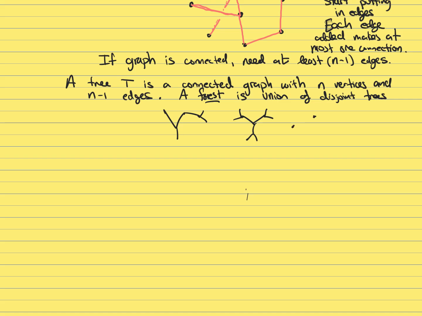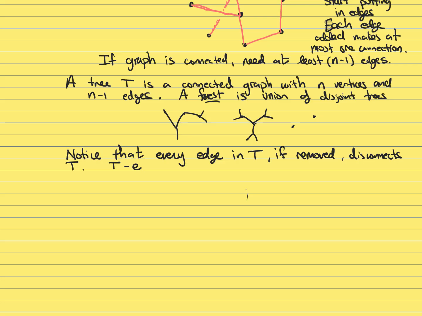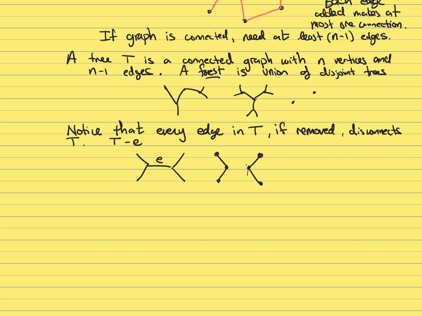Okay, and notice that every edge in the tree, if removed, disconnects the tree T. In other words, if I look at the graph T minus E, where I don't delete the vertices of the edge, but just say this edge is no longer in here, this might be E. Every edge disconnects T because, by the argument above, we need at least n minus 1 edges.